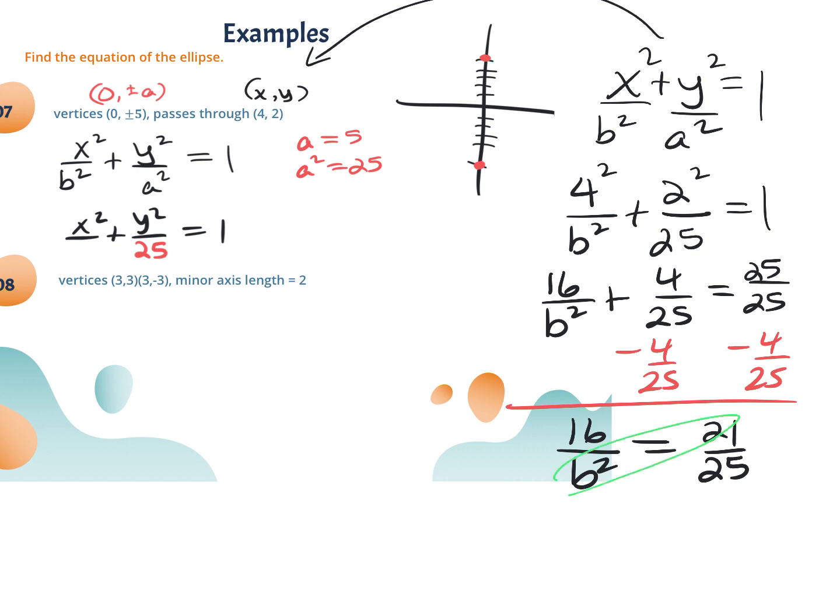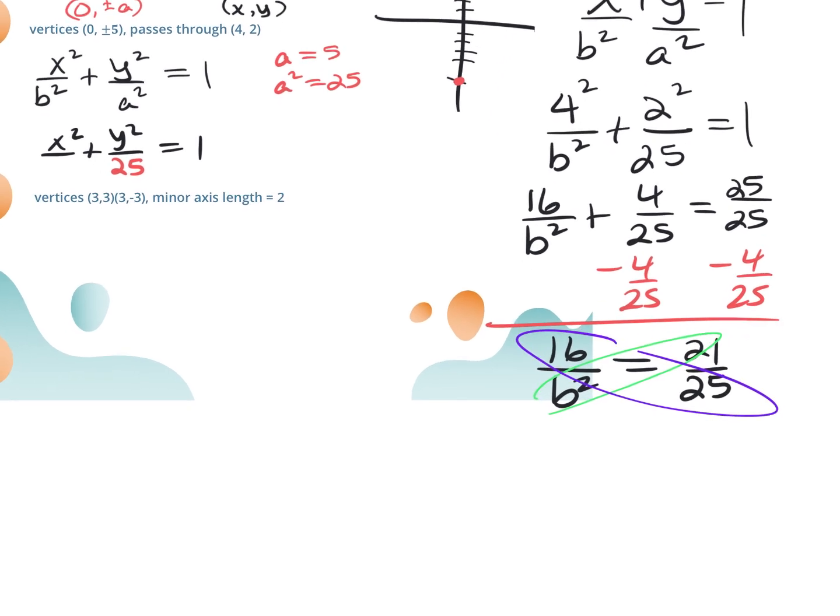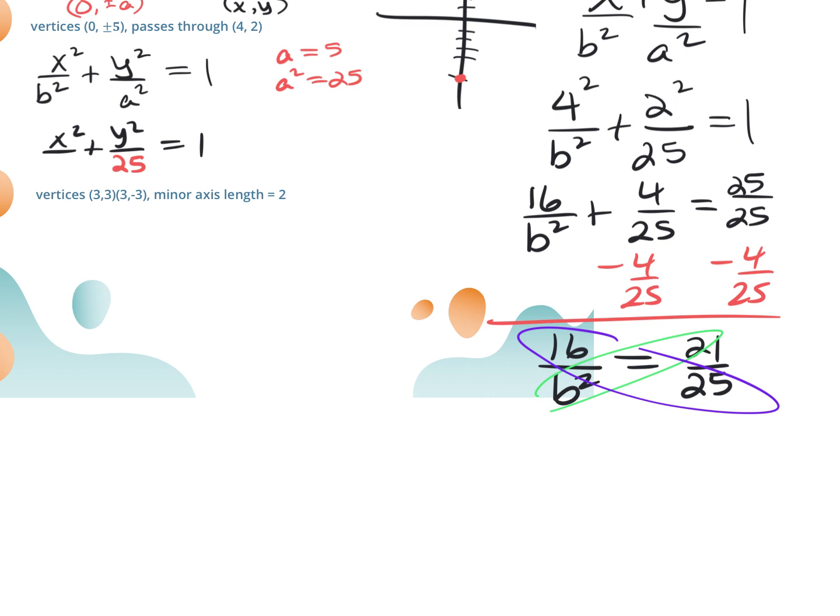So I'm going to cross multiply b squared times 21, and then I'll do 16 times 25. So once I do the cross products, I get 21b squared, and then 16 times 25, 16 quarters is $4, so 400.